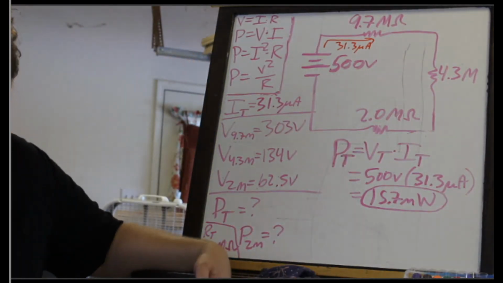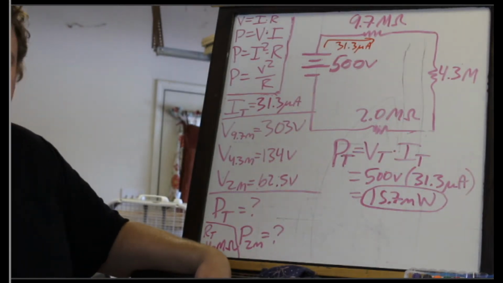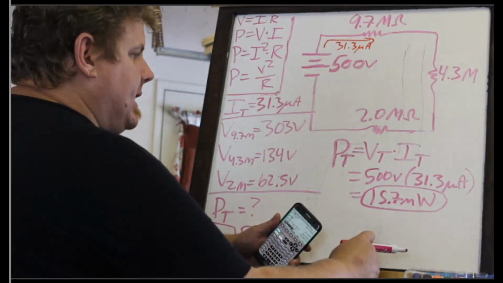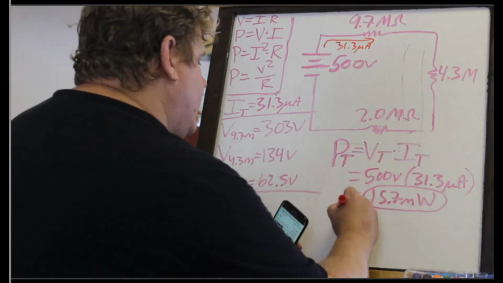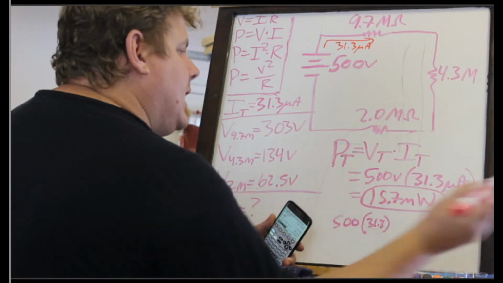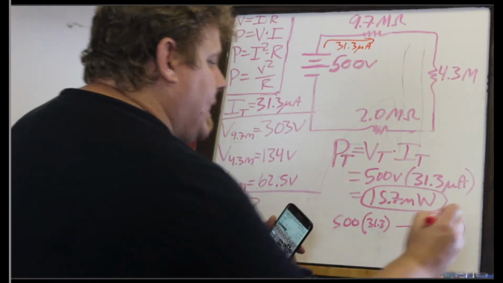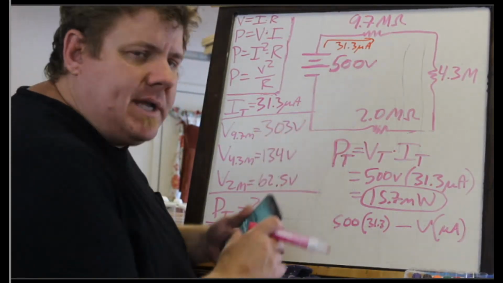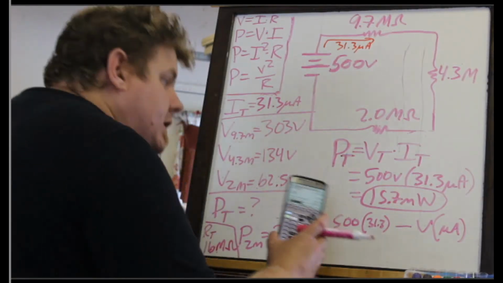I keep alluding to this, but when I look at a calculation like this, in my head I separate the 2 out. I have 500 times 31.3, and then I also have volts times microamps. So I'm trying to predict what the unit is going to be.